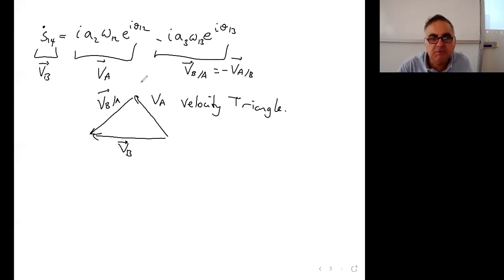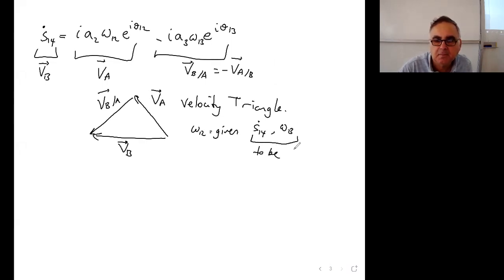So in this velocity triangle, as you know, omega 1,2 is given, S14 dot, theta, it's not theta, omega 1,3 to be found, let's say.